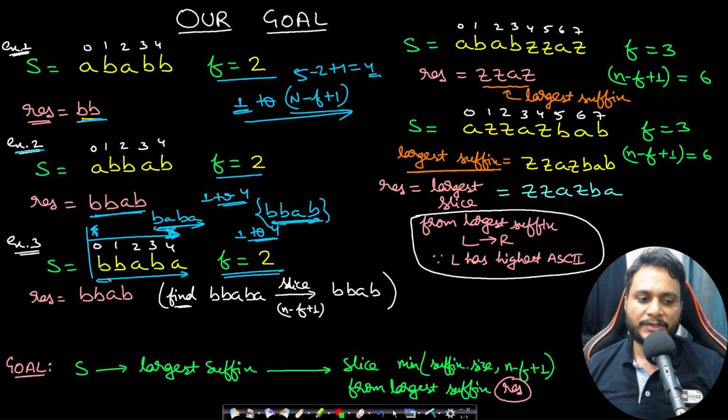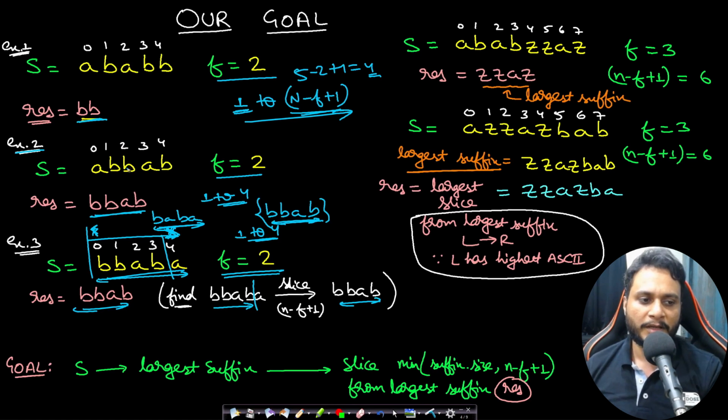So if you get a larger string, then you have to slice off the unwanted characters only from the end, because it is always going to be a larger string if you keep the initial n minus f plus 1 characters. So I will be slicing only from the end point, and we will be getting B B A B, and the rest of the part is going to the second friend.